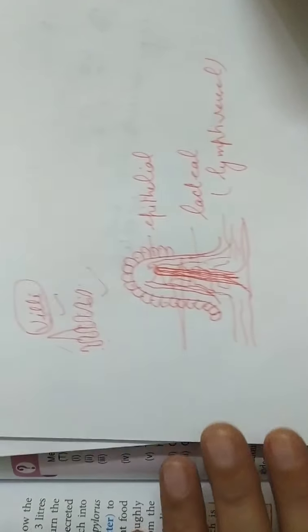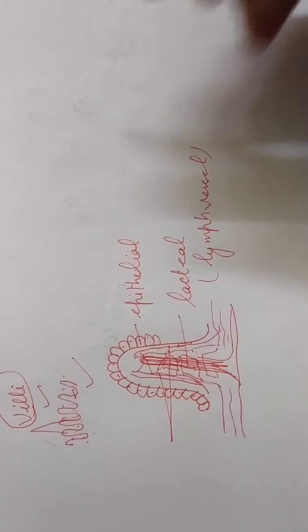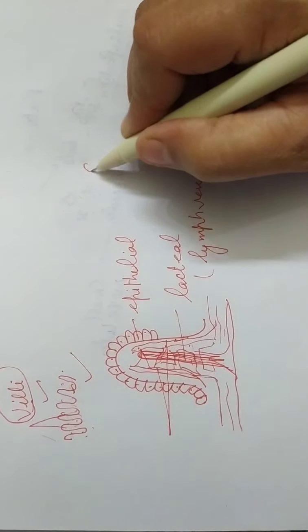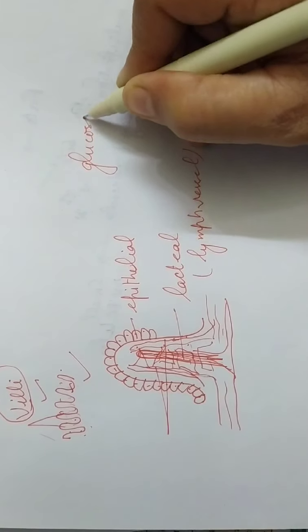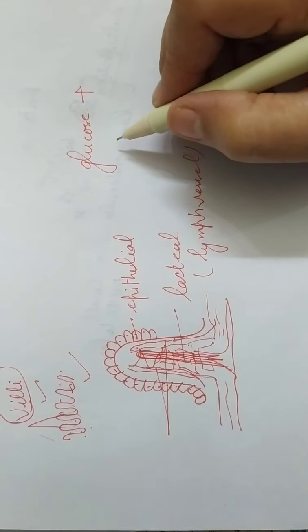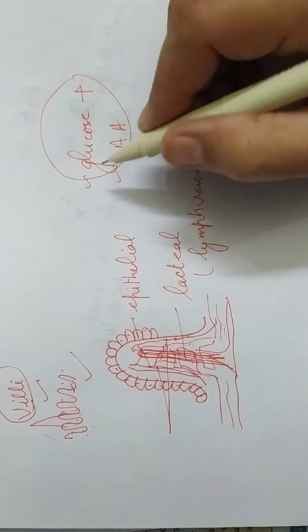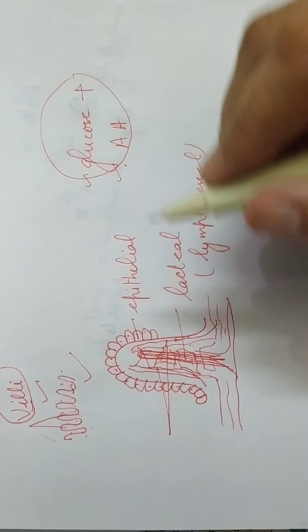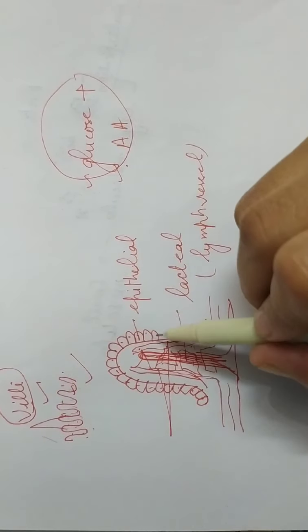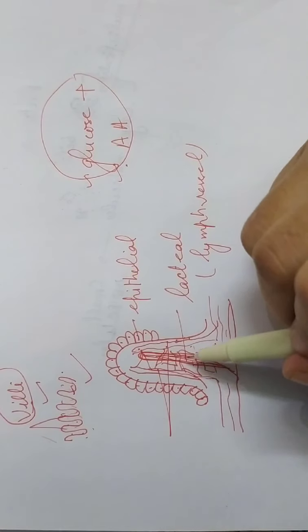Now glucose, the end product of carbohydrates, and amino acids, the end product of proteins, are quite small molecules, and they get absorbed by these villi and go into the bloodstream.